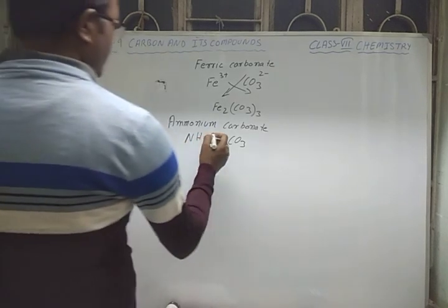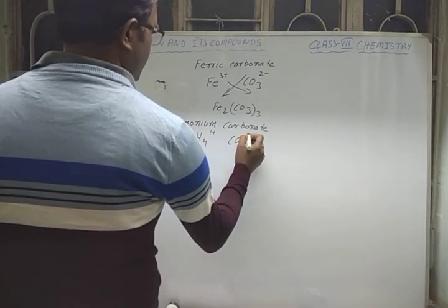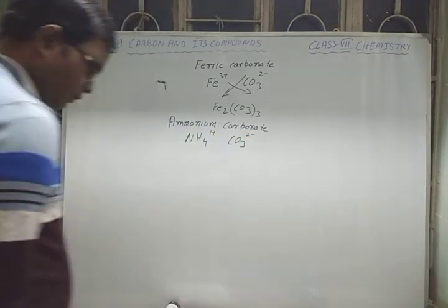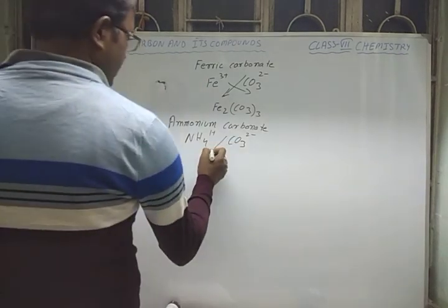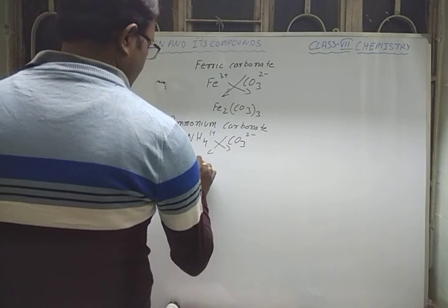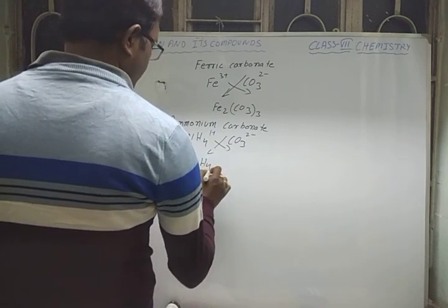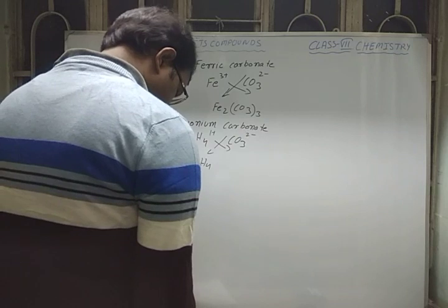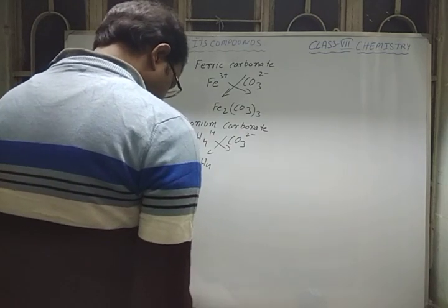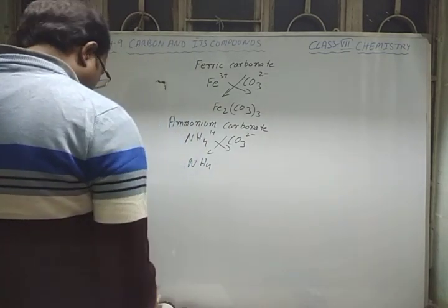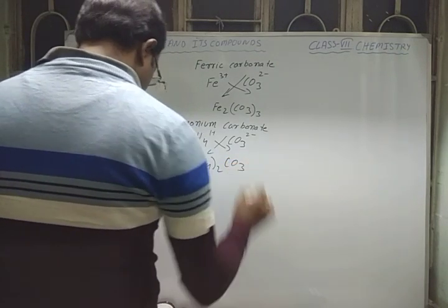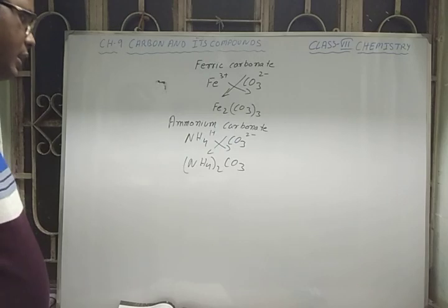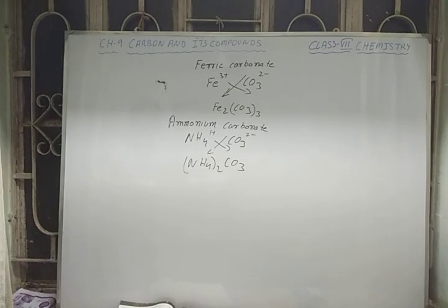You know the valency of ammonium is 1 plus and carbonate is 2 minus. So when you write the chemical formula by doing the crisscross, ultimately you will get the formula (NH4)2 CO3. This is the formula of ammonium carbonate.